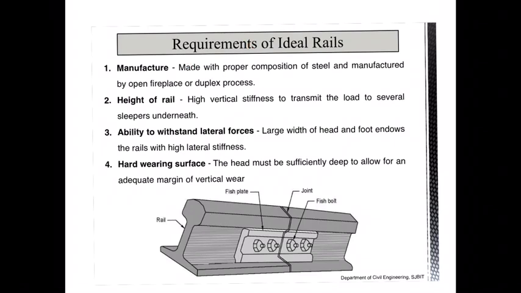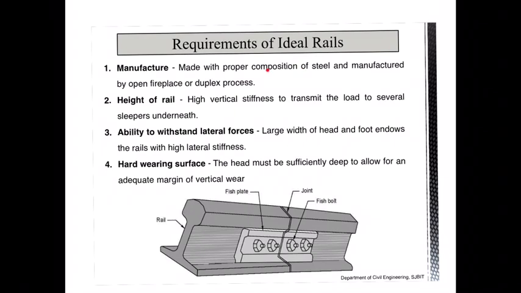First, with respect to the manufacturing process. As we told you, to have greater strength and minimum wear, the rail section has to be made with the proper composition of the steel. We already discussed what the composition of steel should be, how much carbon, manganese, phosphorus, aluminium, all those things.